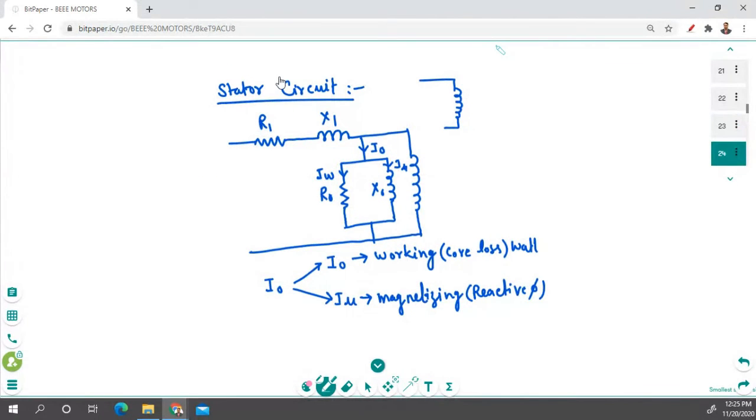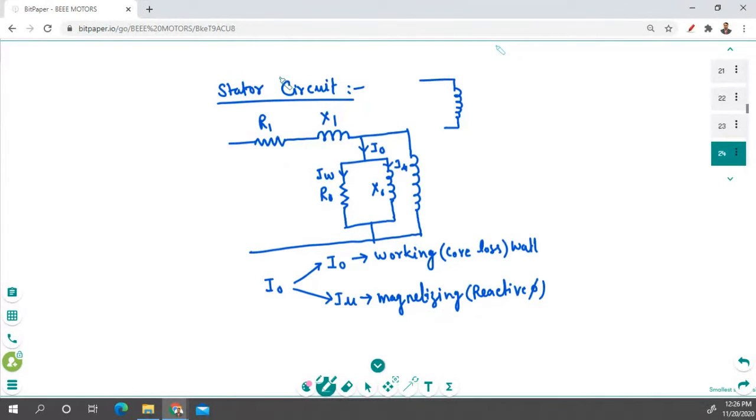Now come to the next point. We will derive another expression for torque. For deriving the expression for torque, we have to understand the internal mechanism of the stator and rotor. When you represent the stator internally, you will find some resistances and inductances, and we can draw the circuit diagram like this.